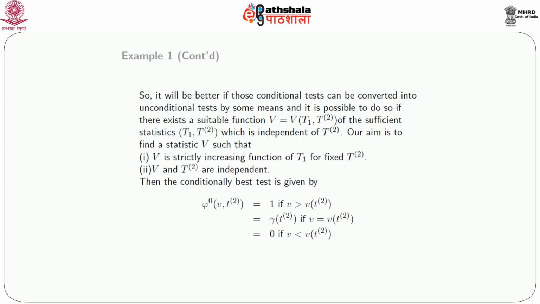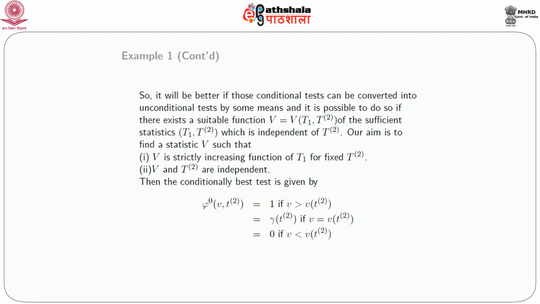V is a function of T1 and T2, the sufficient statistics, which is independent of T2. Our aim is to find a statistic V such that V is a strictly increasing function of T1 for fixed T2, and V and T2 are independent.